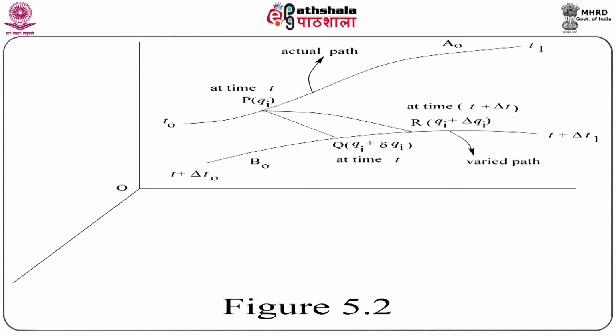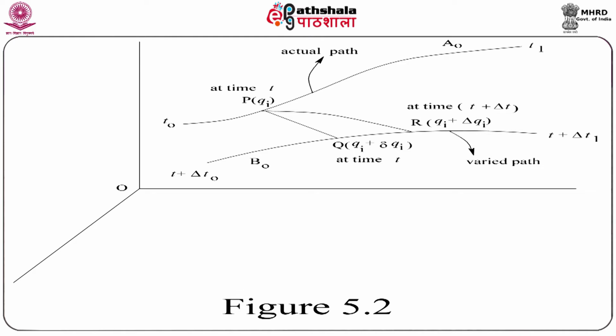On the varied path, capital Q is the position of the particle at time t, having coordinates qi plus delta qi, whereas P corresponds to the position at the same time on the actual path, having coordinate qi. Capital R, whose coordinate is qi plus triangular delta qi, is the position of the particle on the varied path at time t plus triangular delta t.